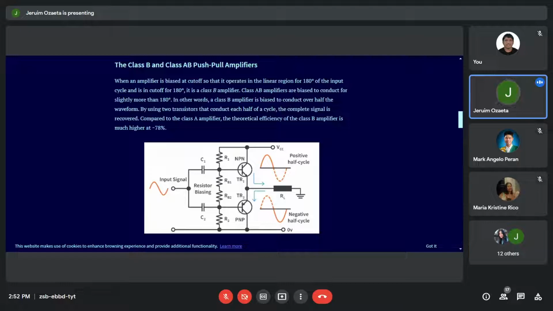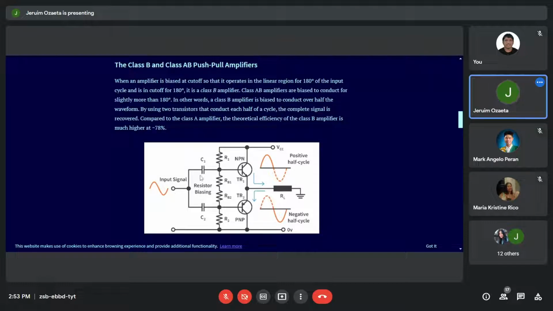The class B and class AB is called a push-pull. It appears here. This is a combination of two amplifiers actually, so that one is pulling up, the other is pulling down. While the NPN transistor is pulling up the signal, the other is pulling down. Why is that? The signal is common at both the inputs.